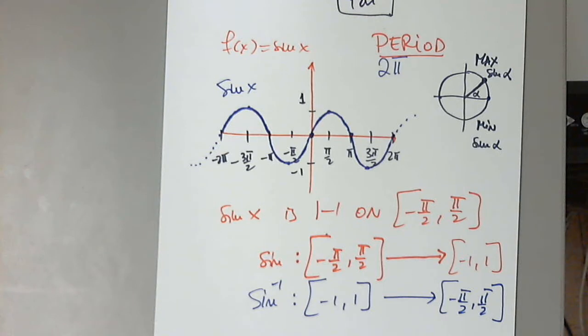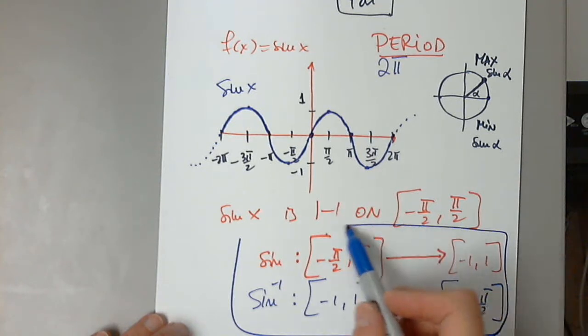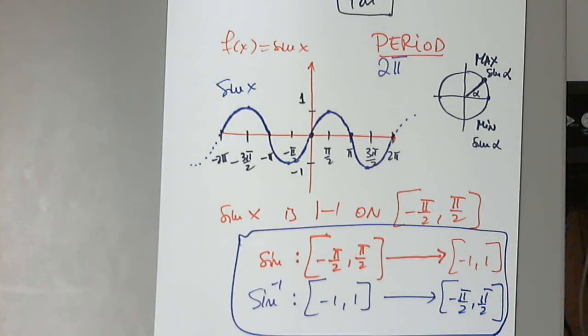So you can still apply sine to values outside negative pi over 2, pi over 2, but in this context of a function and its inverse, you have to stay within that. So these are set in stone, because otherwise the inverse function doesn't exist outside of that interval.